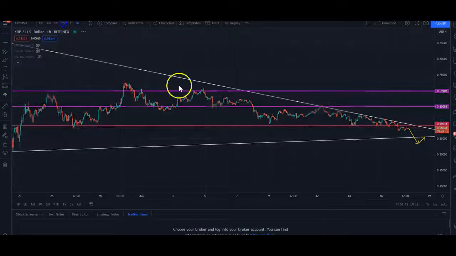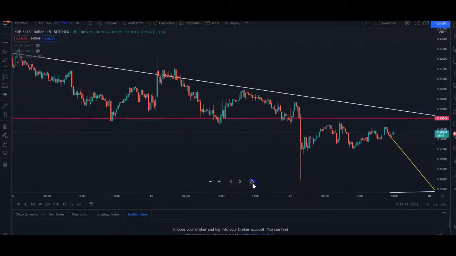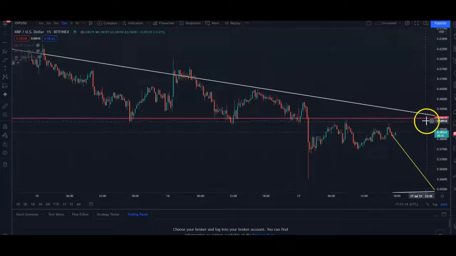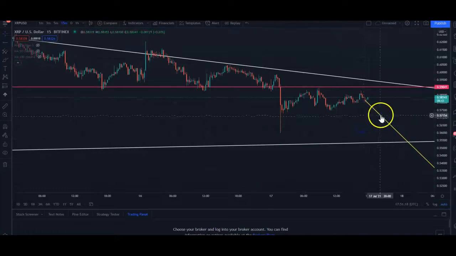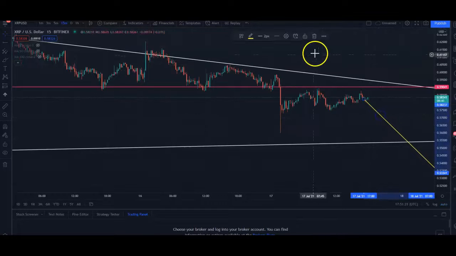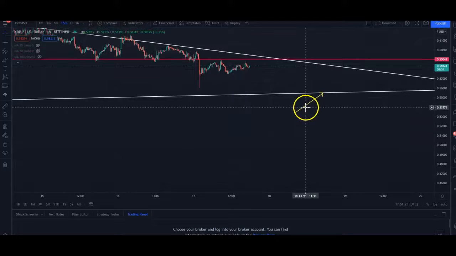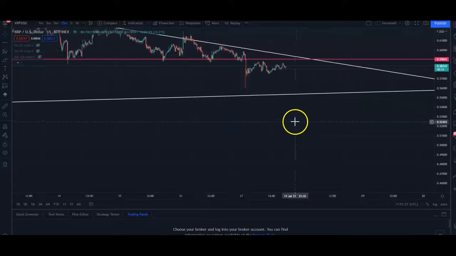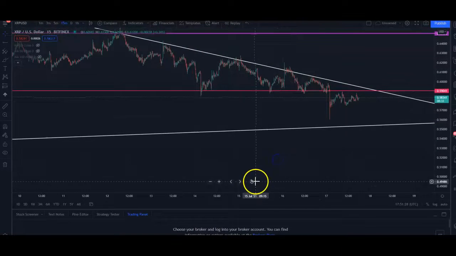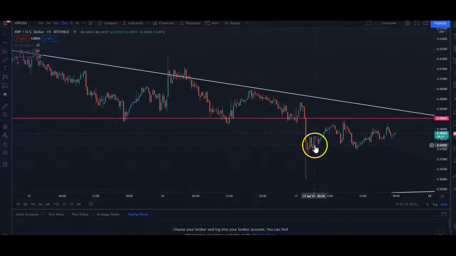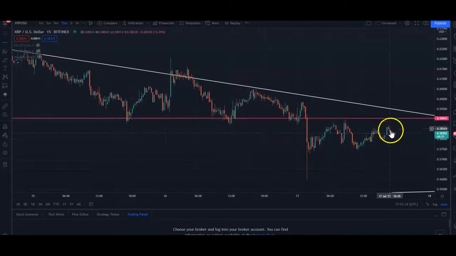So now we're going to go to the 15-minute time frame and see what we got going on. Just minus the yellow line. So as you guys can see here, price broke this zone, stayed beneath it.